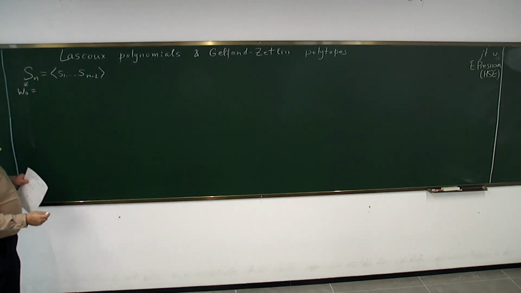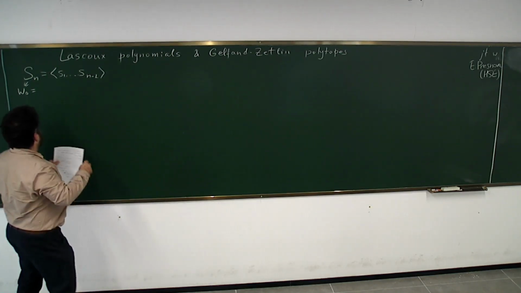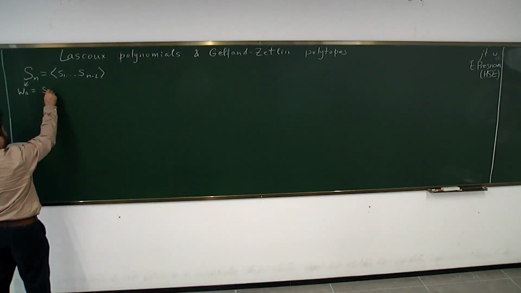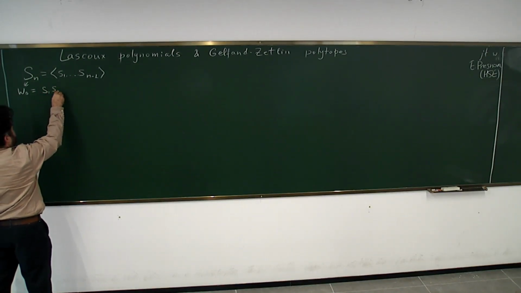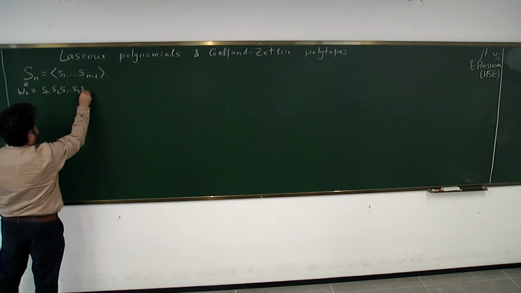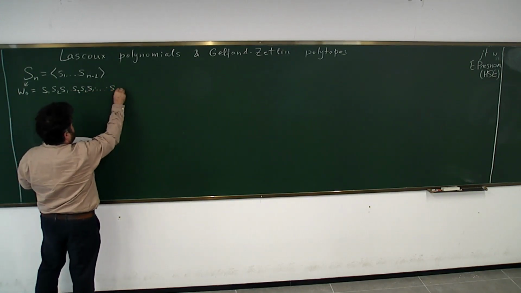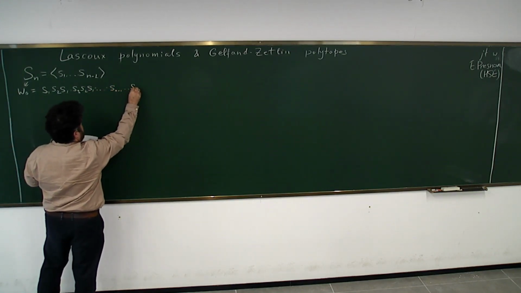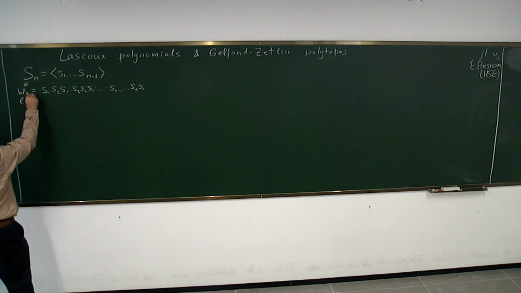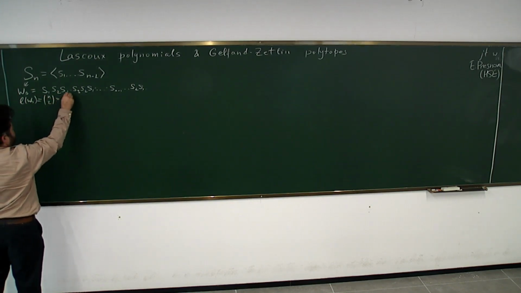It has many presentations, and for instance, you can present it as s1 times s2 s1 times s3 s2 s1 and so on, s_{n-1} through s2 s1. The length of this element is n choose 2.